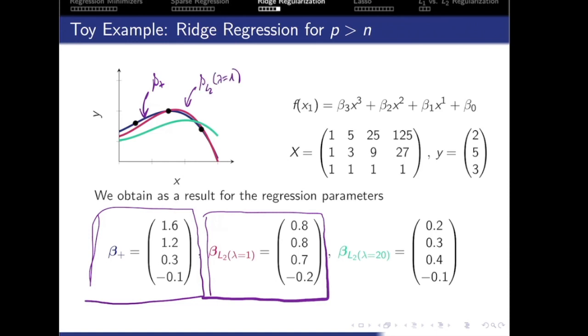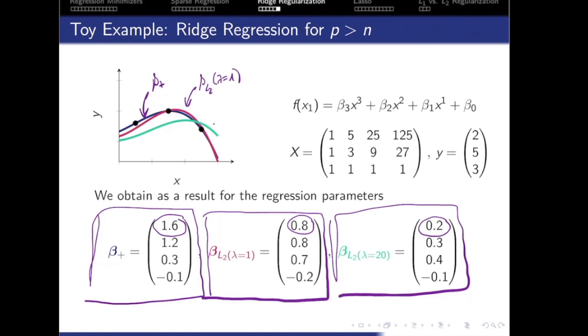And then if we put the lambda even higher, then we get values for beta which are smaller and smaller. So you see, from beta plus, which is a bit like our starting point, here we have 1.6, and this becomes then 0.8, and if we put the lambda even higher, then this is 0.2.